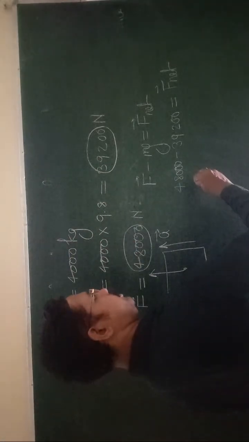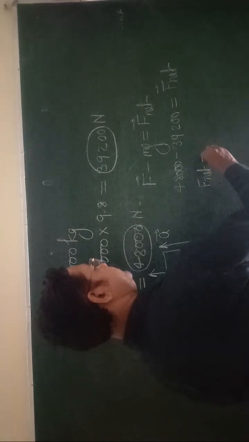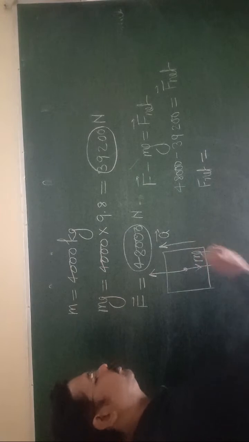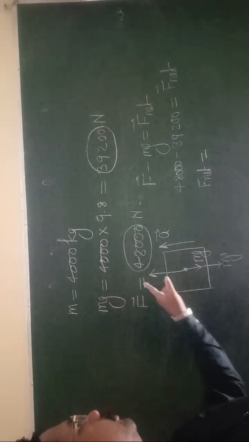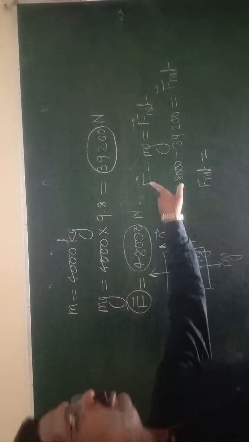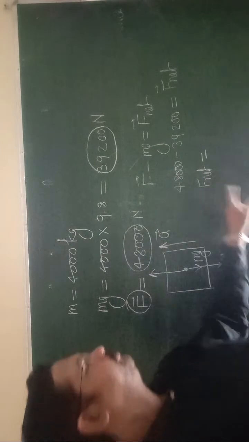So F net is 48,000 minus 39,200. This is the net force acting in the upward direction. F is larger than mg, so the body goes upward.